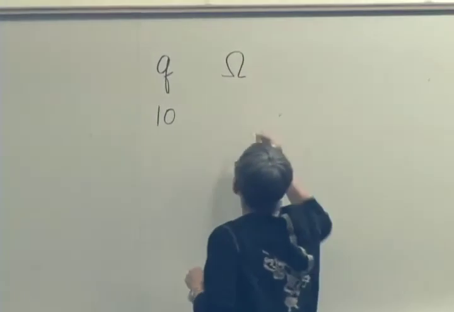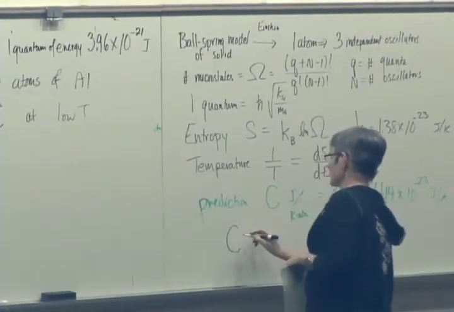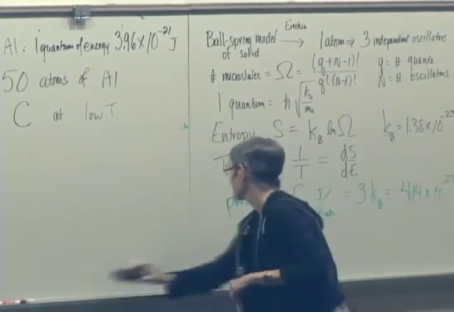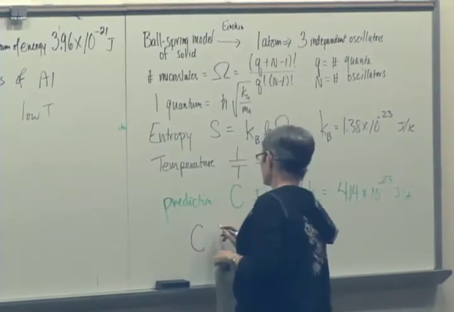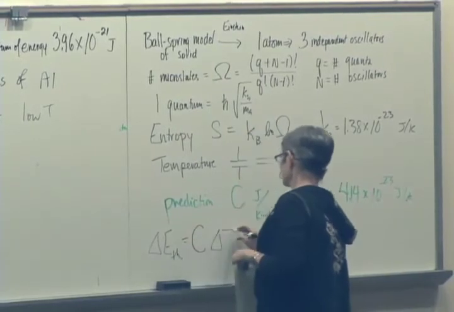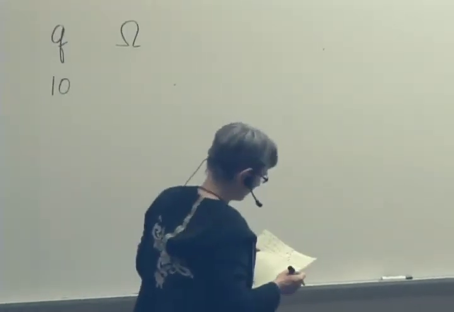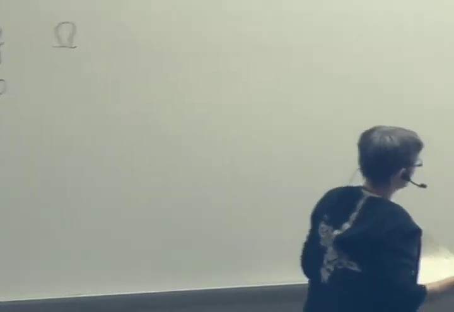So specific heat capacity seems to be, or 1 over C was, delta E thermal is C delta T. And C has units.